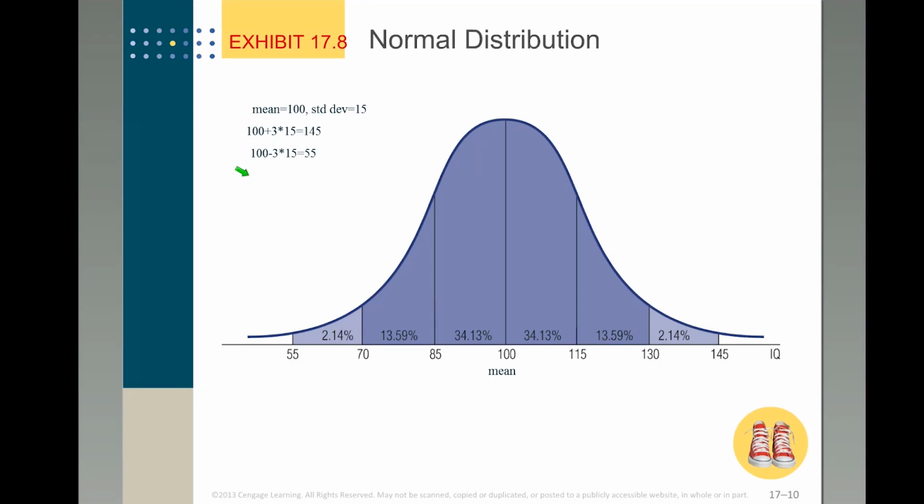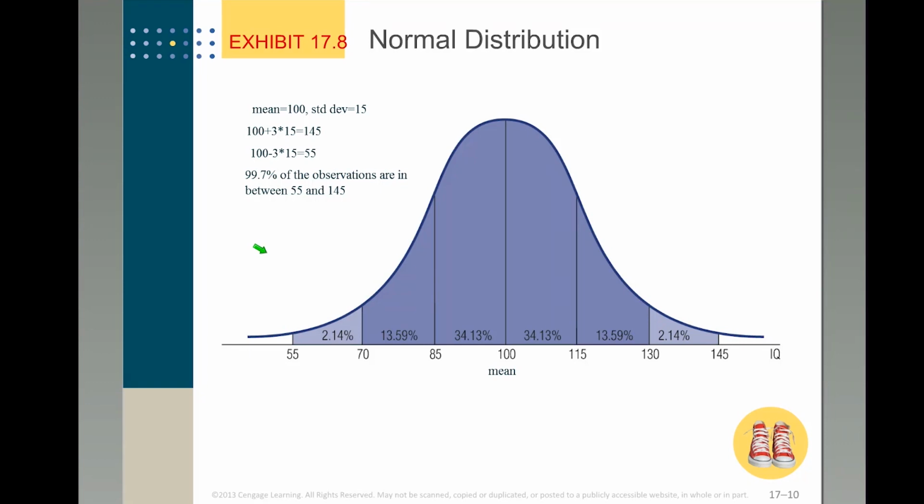And we can say that almost all observations, which actually is 99.7% of the observations, are in between 55 and 145. So that's the special property of normal distribution.